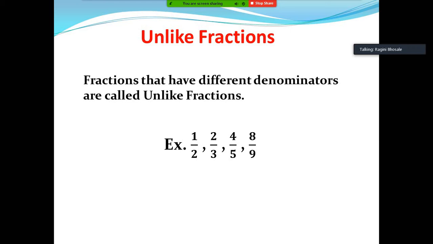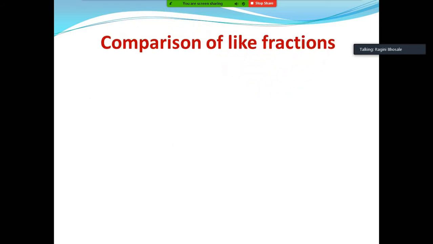What else have we learned? We have learned how to compare like fractions. To which fractions can we do the comparison? Those fractions which have the same denominators, that means like fractions. For example, here we have 2 upon 3 and 1 upon 3.